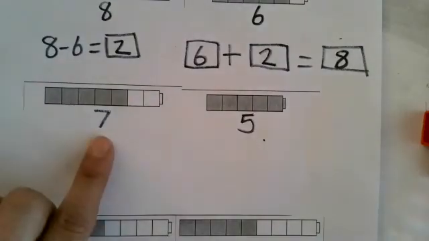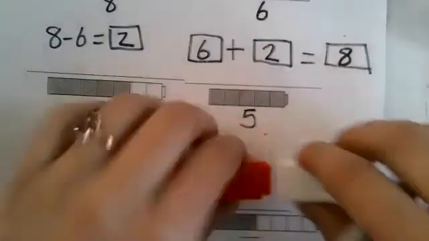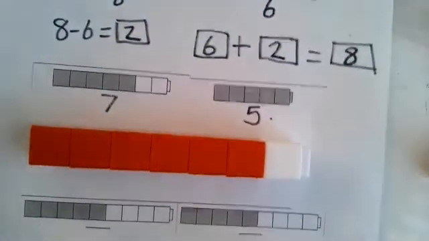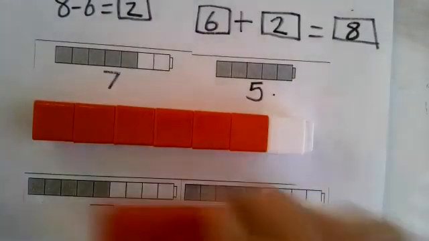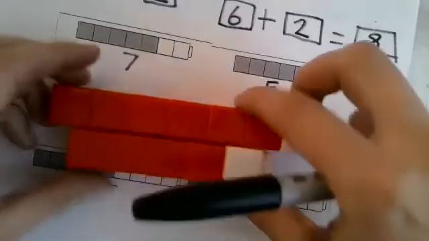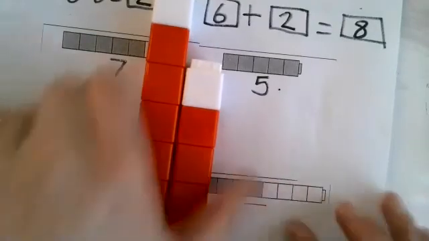So let's make a train of 7. 1, 2, 3, 4, 5, 6, 7. Make a train of 7 with Unifix cubes. Now make a train of 5. 1, 2, 3, 4, 5. Put them together. You can either do it lengthwise or height-wise, your choice.